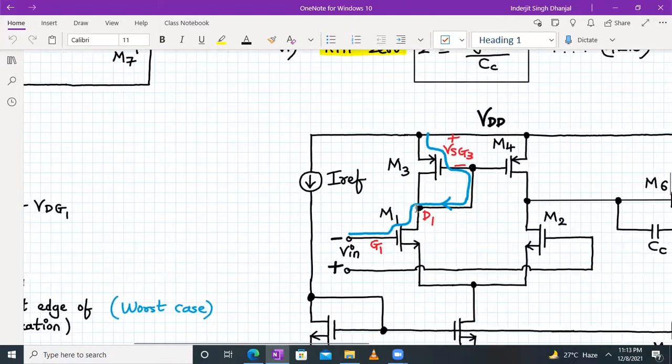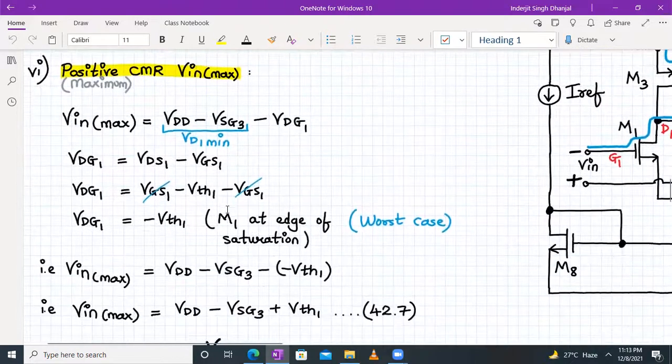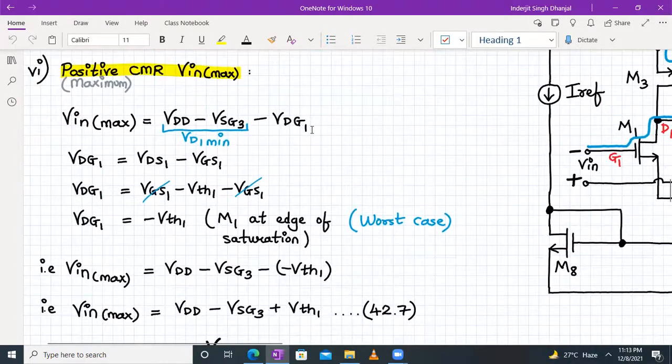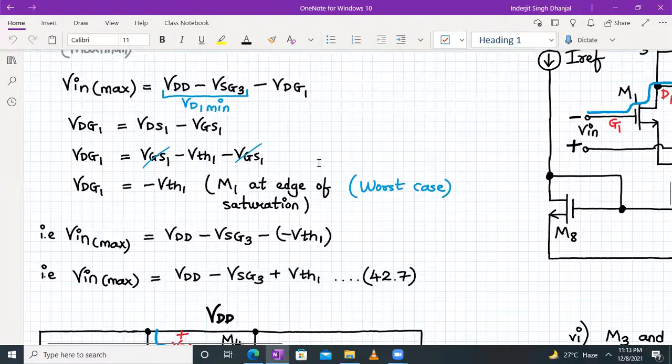VD1 is the node voltage, the drain terminal of the M1 transistor, and that voltage is equal to VDD minus VSG3, correct? And we have to substitute the value of VDG1. So V in max is VDD minus VSG3 minus of minus VTH1.